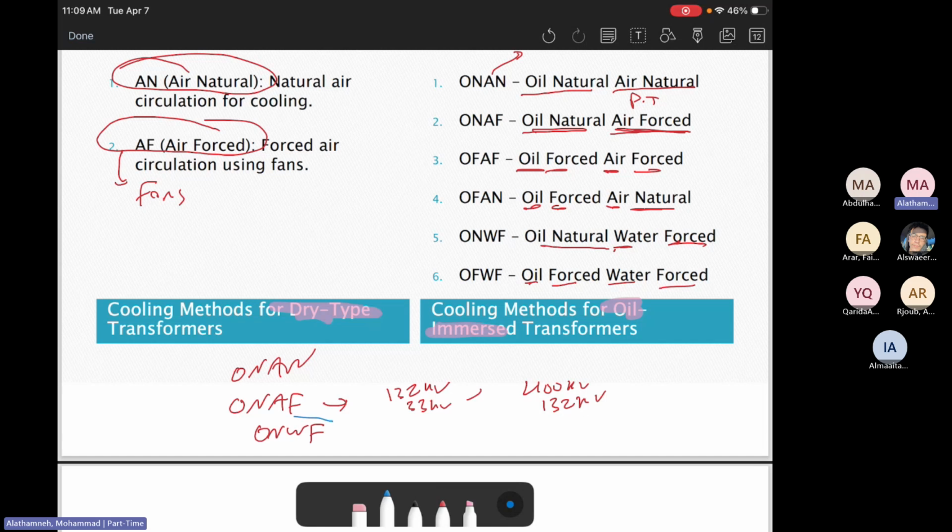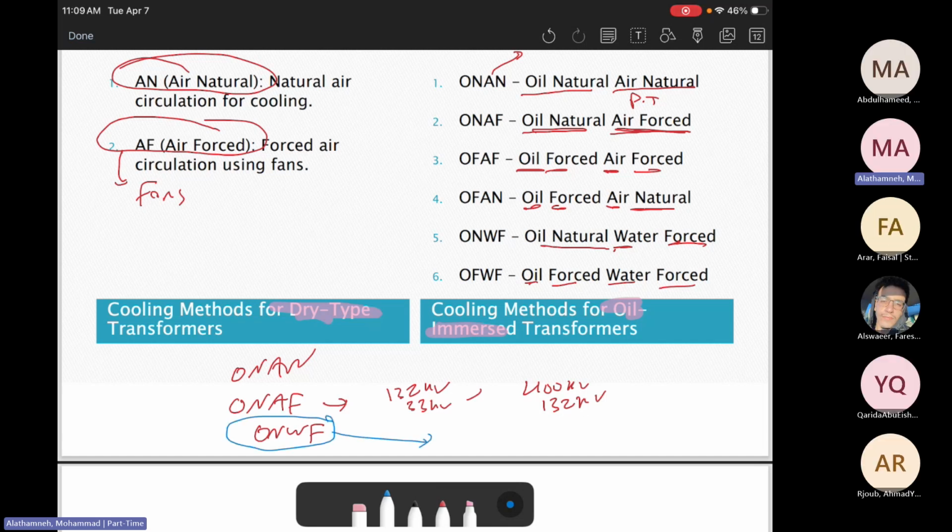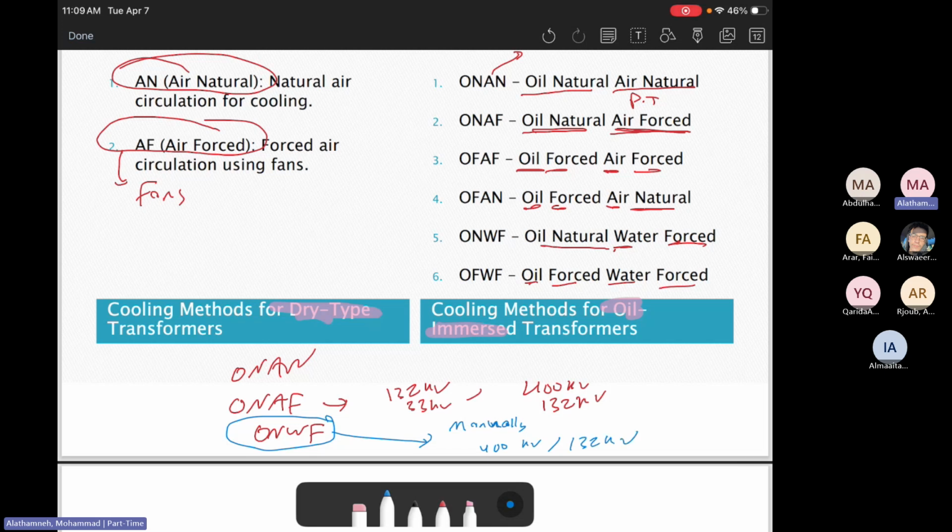But it's not 100% ONWF. We are using it manually in 400 kilovolts to 132 kilovolts. It's used only manually during hot days in summer.